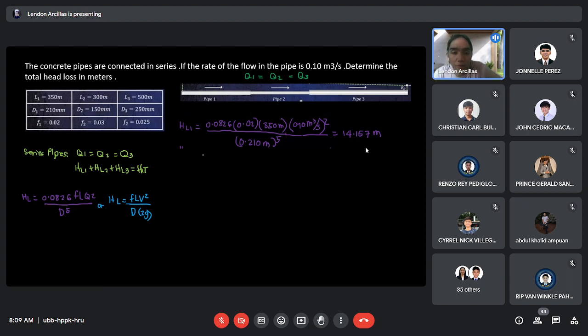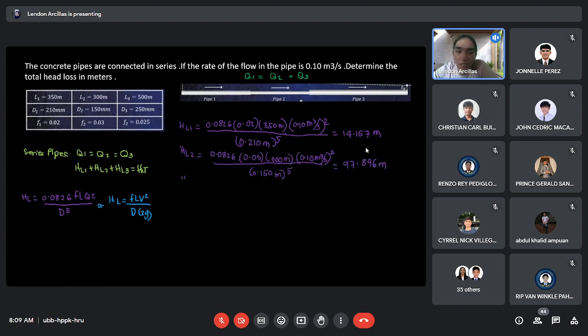Okay. So, to find head loss 1, kailangan lang natin ng mga given at point 1. This is the length of point 1, diameter of point 1, and friction at point 1. Okay, this is the pipe 1. So, use the formula 0.0826 FLQ squared over D raised to 5. Substitute the given values. Kailangan lang siya nakameter, yung diameter, and nakameter lahat para magkaroon tayo ng consistent conversion or cancellation of units.